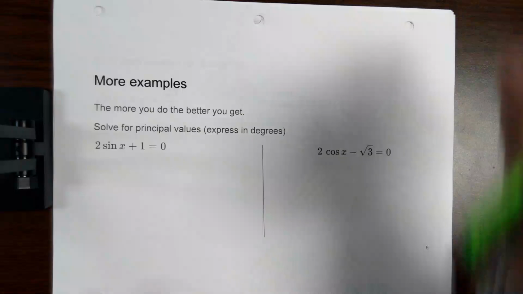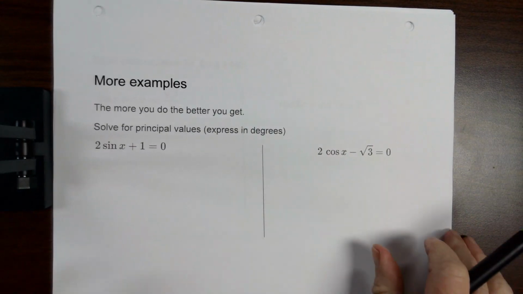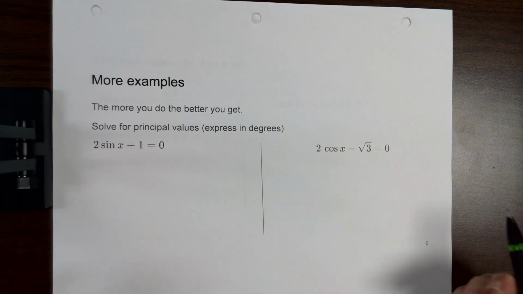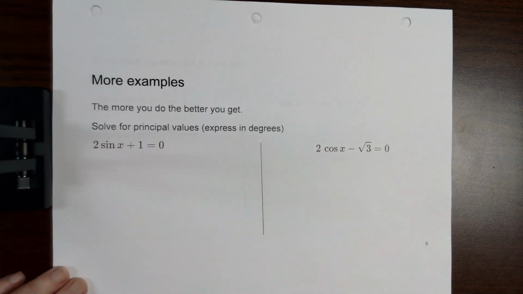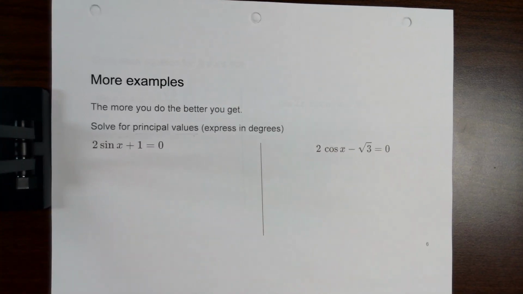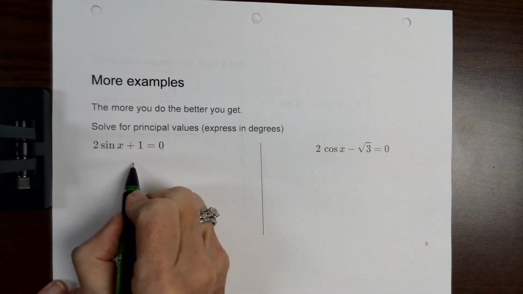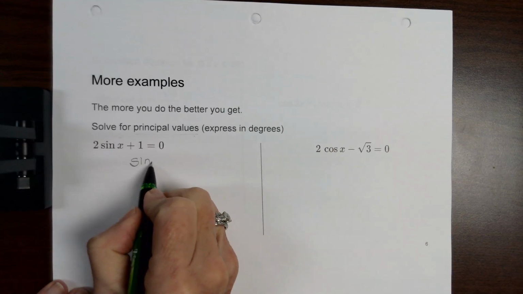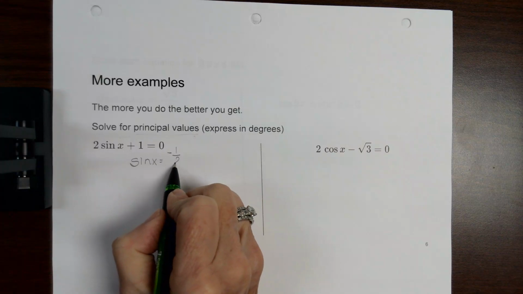Okay, that's for the most part it, except for inequalities. So we're going to do a few more where you actually can see more examples. This one says solve for principal values and express in degrees. So subtracting the 1, I end up with the sine of x is equal to -1/2.